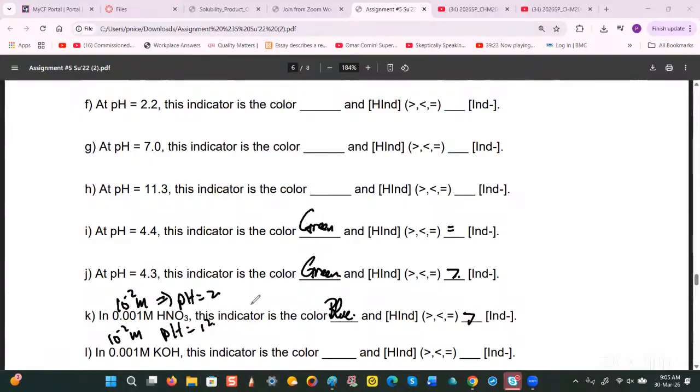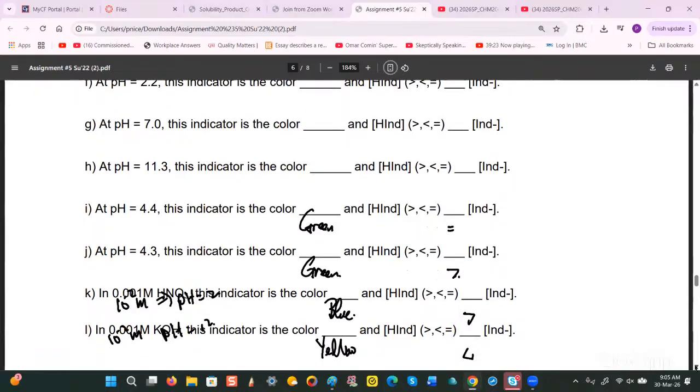Yellow, both persons are correct. So let me put yellow here. And what would go here? Less than. Yes, you're absolutely right. Less than. Okay, very good.